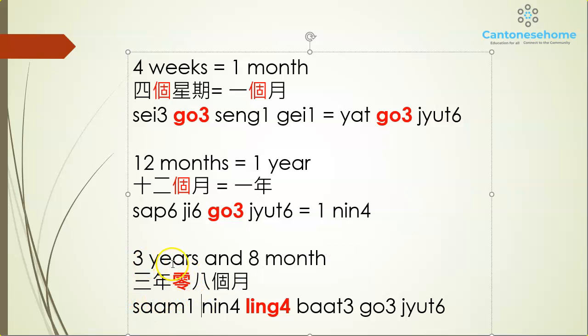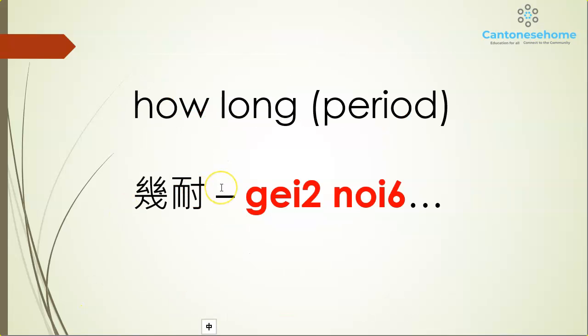For example, 1 year and 2 months would be 1年零2個月. 好, the other concept is 幾耐 for how long. Like one movie, normally it's 1.5 hours. That would be 睇電影 or 睇戲. 一套戲, one movie. 一套戲幾耐啊, for how long?